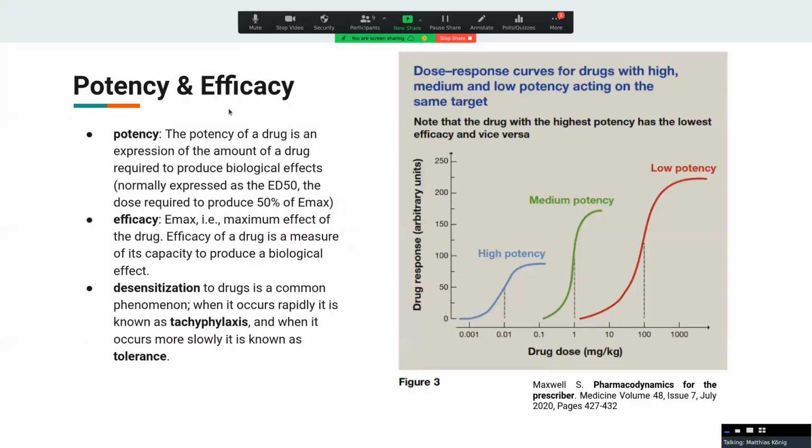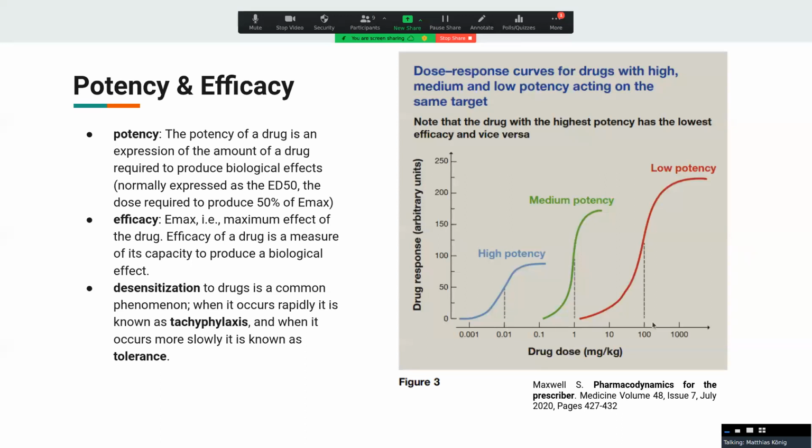There are two important concepts in this pharmacodynamic part. They are called potency and efficacy, and basically these are the maximal value of this dose response curve, and then the half saturation part. The potency is the amount of the drug which is required to produce the biological effect, and this is basically the half maximal value.